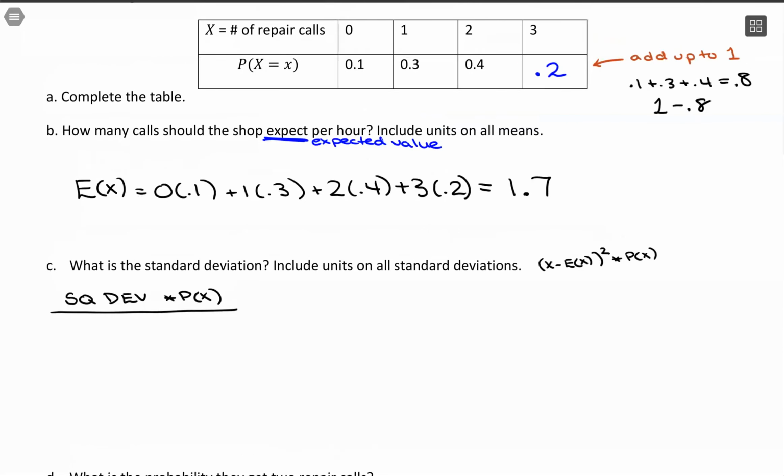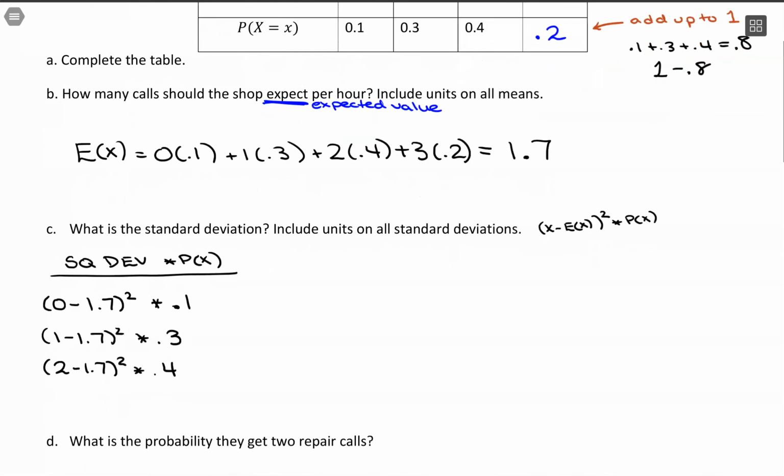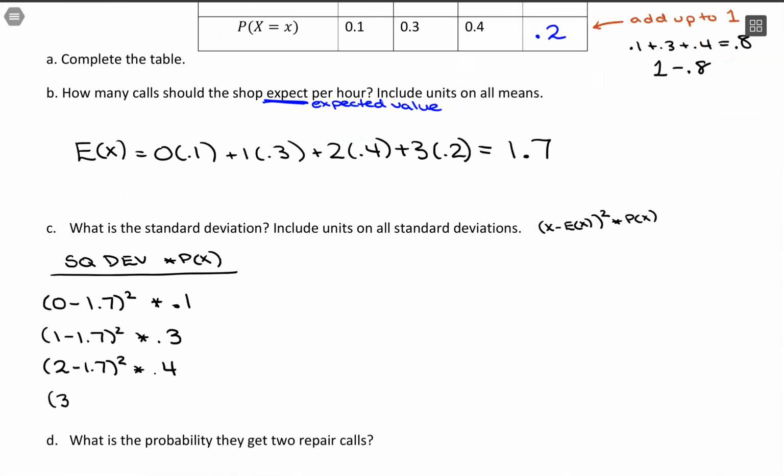Starting with my first X value of 0, 0 minus our expected value of 1.7, squared, and then multiplied by its matching probability, which was 0.1. Then I'm going to do this for my data value of 1 times its probability of 0.3, data value of 2 minus the expected value squared, times its probability of 0.4, and then 3 minus the 1.7 squared times its probability of 0.2.